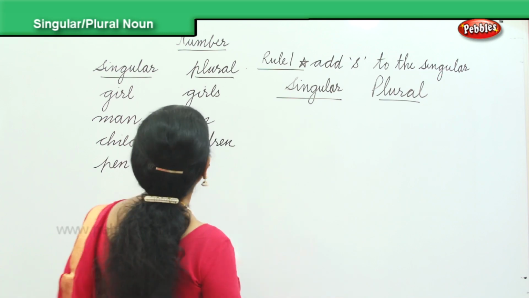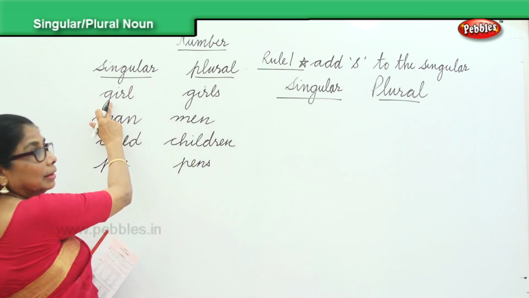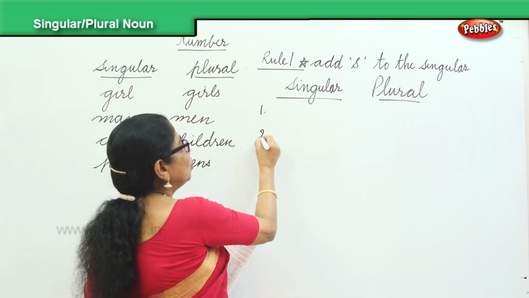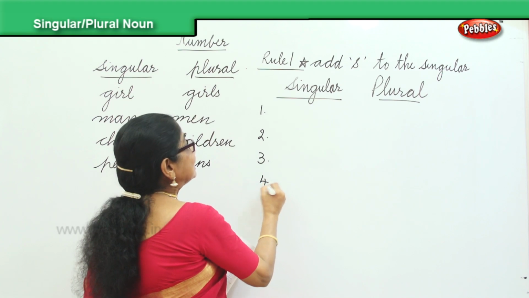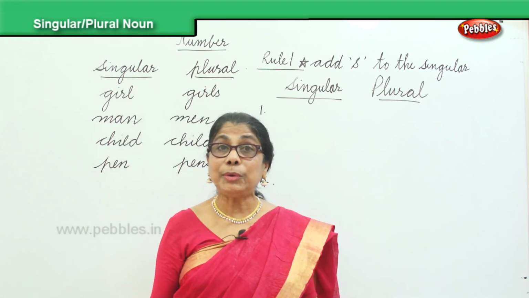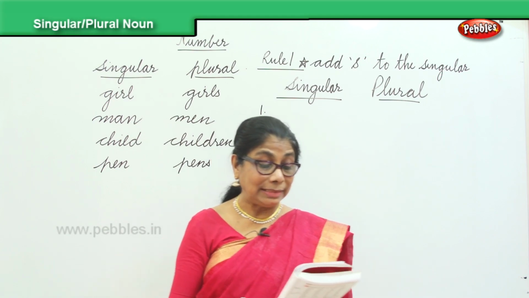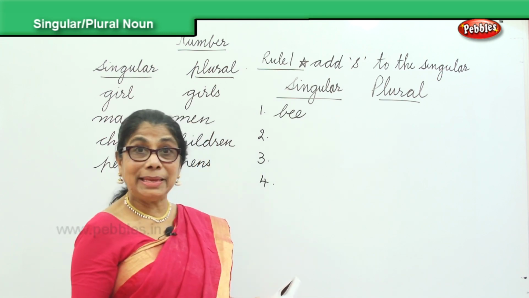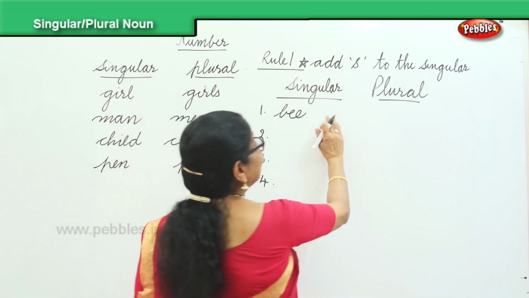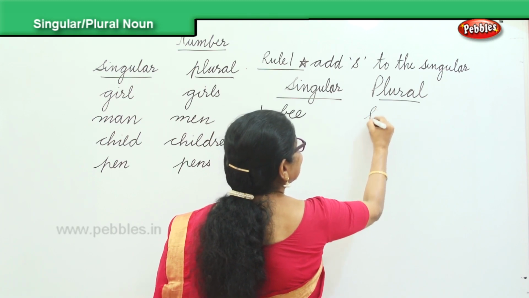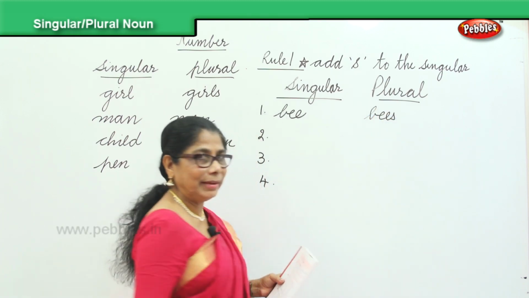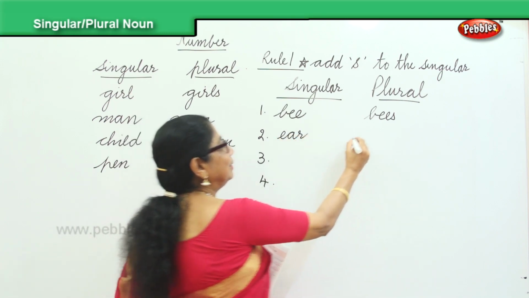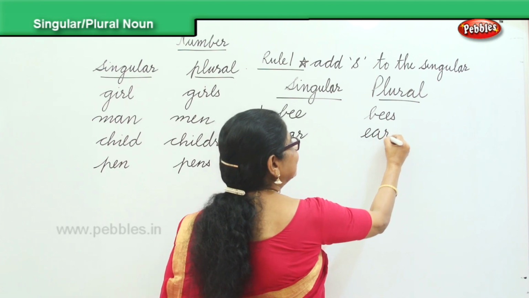All right? Now, you have here singular, girl. You form the plural by adding s. So similarly, we are going to do a number of singular nouns, and how are we going to change into plural? Let's see. Now, when you say bee, one bee, and there are many, you add s. Bees, very simple. Then you have ear. You have more than one ear, so you say ears.